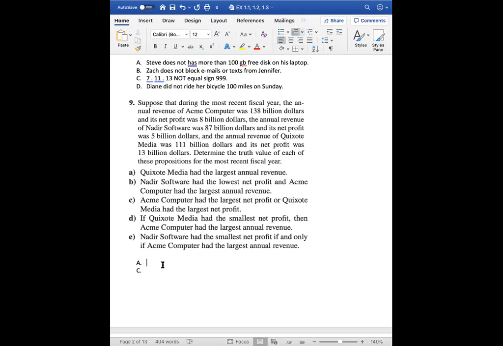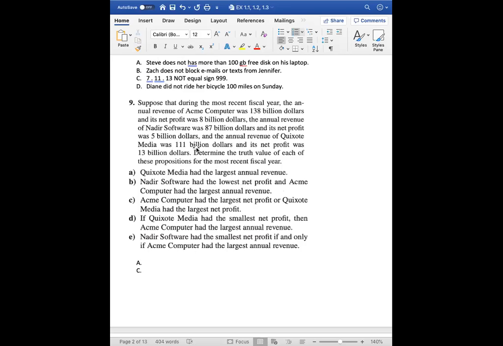All right. So we will be doing part A and part C only. For part A, we have Quicksort Media had the largest annual revenue. What we are really trying to do here is estimate the truth value based on the knowledge given to us in the question.